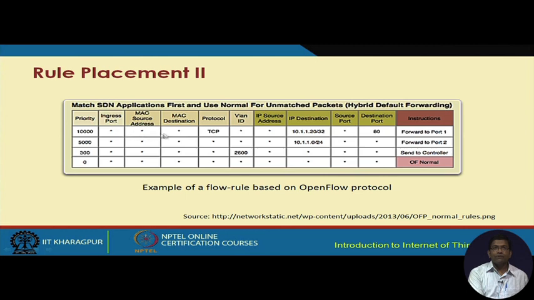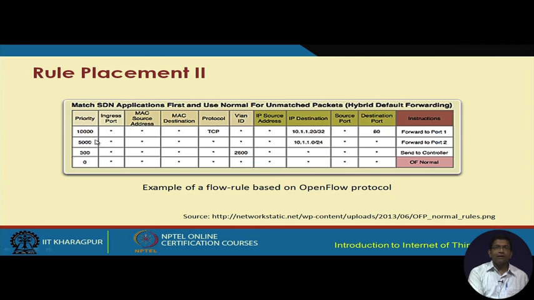So, if the values of the packet for these particular fields are different, it does not matter, but the protocol has to be TCP, and if the IP destination is this and the destination port is this, then the instruction, that means the action to be taken, is to forward to the particular port. So, here it is forward to port 1. Like this, the other flow rules are given here.